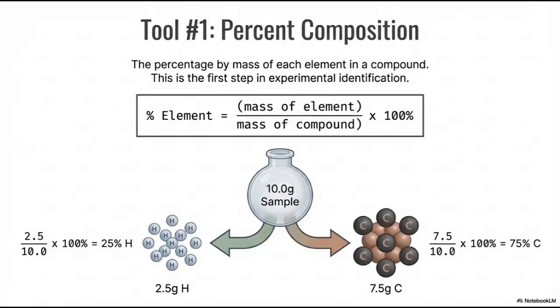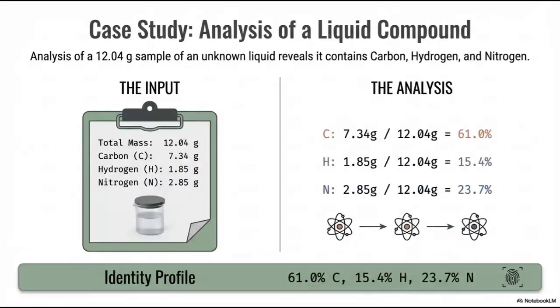And because compounds have specific ratios, the percent of each one of those elements in that compound will also be fixed. So if you change the percentage, you are changing what that substance is. So let's make sure we keep that in mind as we're working through these problems.